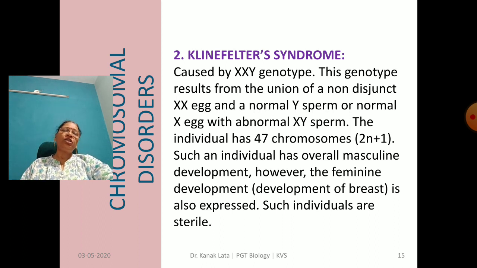Another chromosomal disorder is Klinefelter syndrome. It is characterized by XXY genotype. This is due to the union of a non-disjunct XX egg with a normal sperm or normal egg with abnormal non-disjunct XY sperm. So again having 47 chromosomes, that is 46 plus 1.